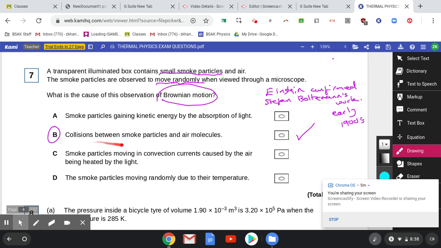We've mimicked the experiment with smoke. So smoke in air rather than pollen in water, and you see the same effect. So the smoke particles colliding with the air particles explains Brownian motion.